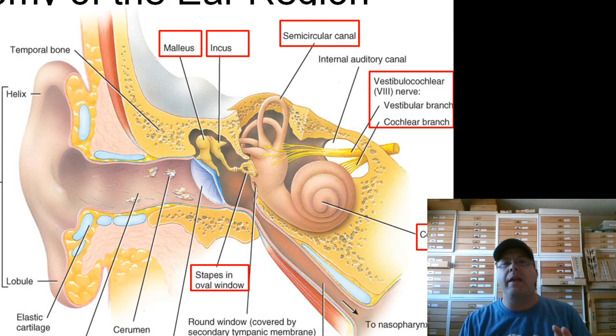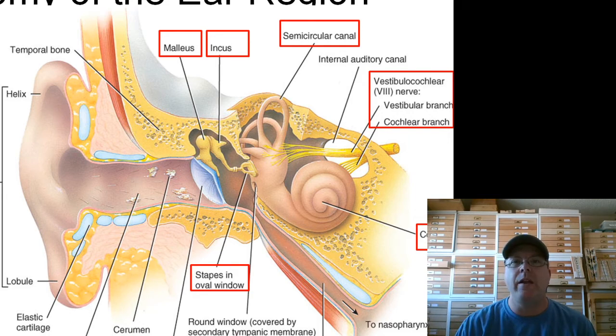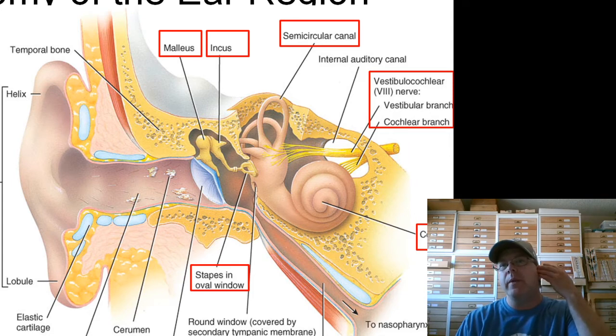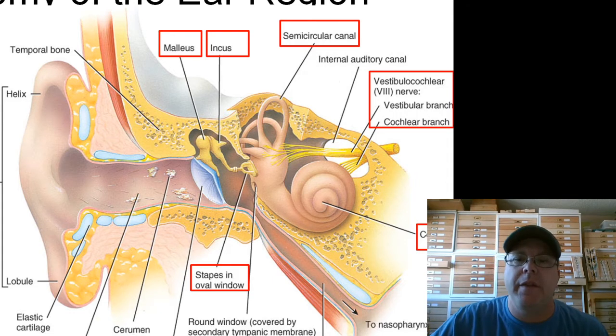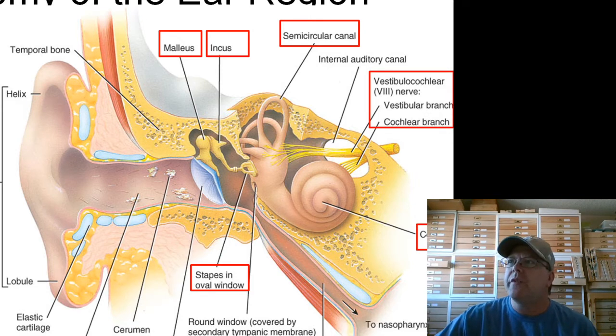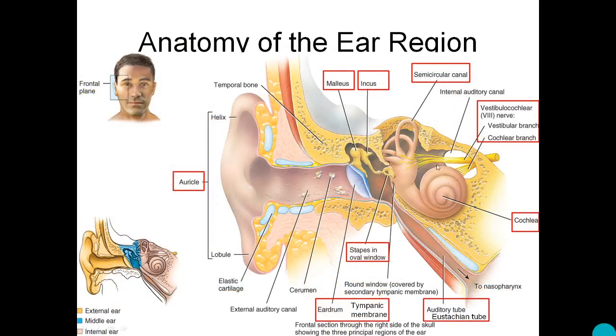Now the other thing that the eustachian tube does is it helps drain any fluid. So if we get fluid in that middle ear, the eustachian tube is going to help drain that fluid into your throat and you can get rid of it. This is going to help us with infections. Now what happens is if we have an infection in the ear, you've got a bacterial infection in this middle ear.